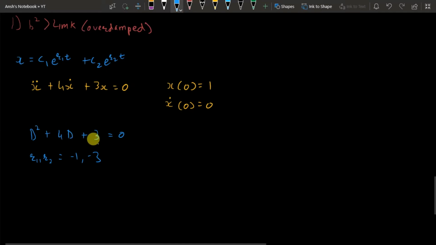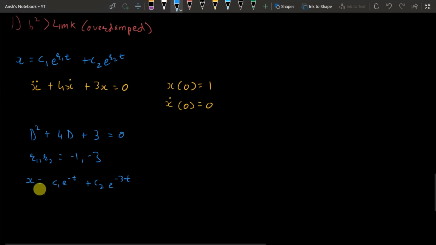And so the general form of the equation will be x is equal to c1 e raised to minus t plus c2 e raised to minus 3t. And to determine the value of c1 and c2, what we do is we place the value of x is equal to 0, and we determine one equation for c1 and c2 with that, and we then place x dot as 0 and determine another equation.